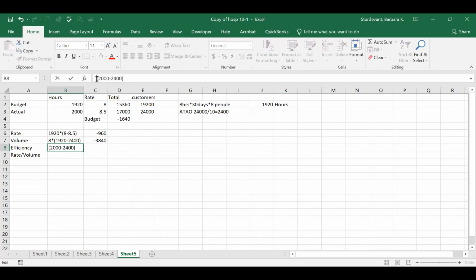And then again, times your budgeted rate. So this one is the most important one. Okay. So even though that comes out, sorry, shouldn't that be? Yeah, I did it. Okay. I was right the first time.